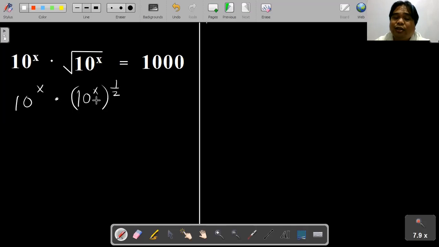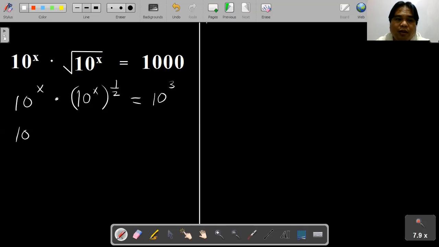I just transformed the radical expression into something that has a fractional exponent. How can you express 1000 with a base of 10? That's just 10 to the power of 3. Do you agree? Good.